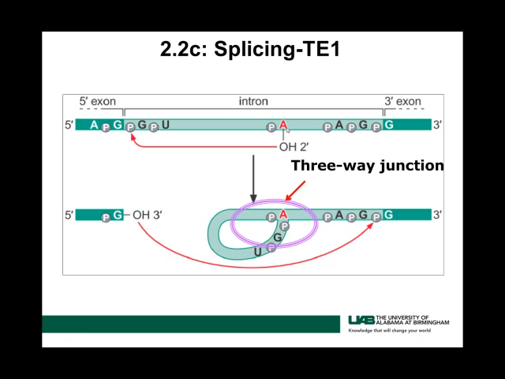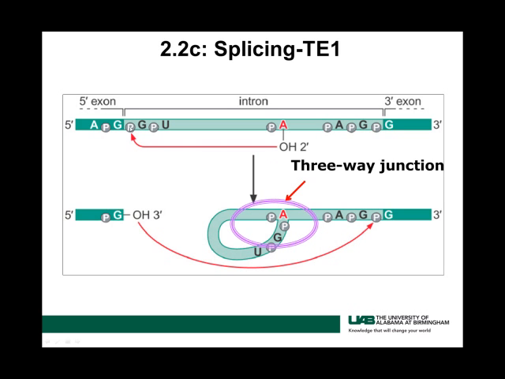And so you get splicing through two trans-esterification reactions. The first thing that happens is that the 5' phosphate from the G on the intron forms a phosphodiester bond with the 2' OH. I don't want you to be confused. Draw it out if you have to.